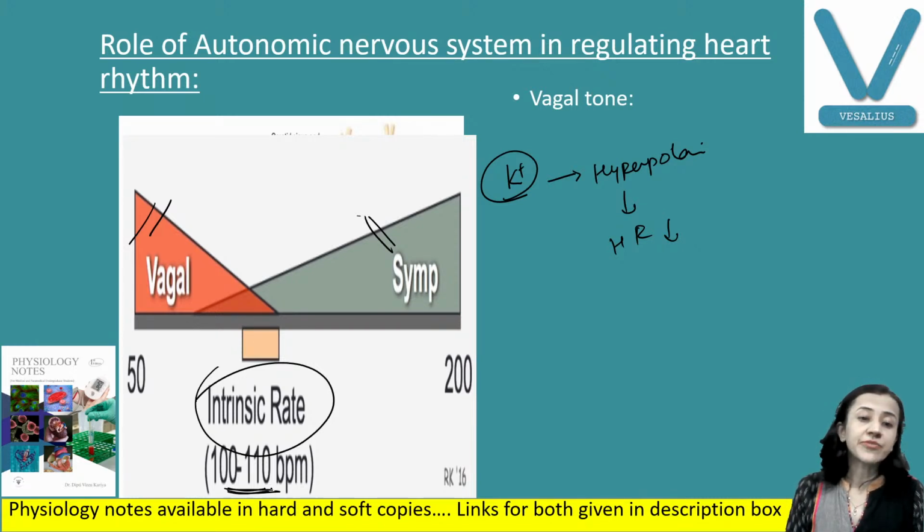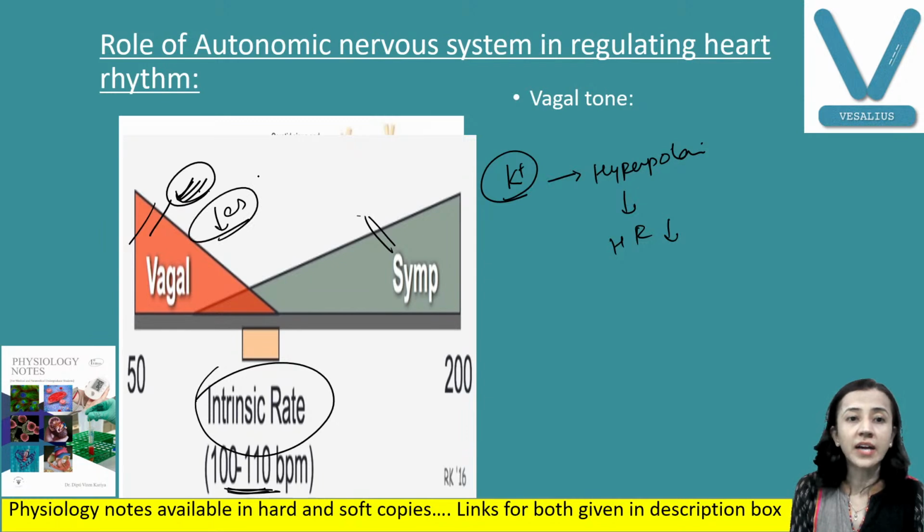It means our intrinsic rate without any nerve supply is 100 to 110 beats per minute. So when the vagus nerve is stimulated, the heart rate decreases. So our heart is under the effect of vagal tone.